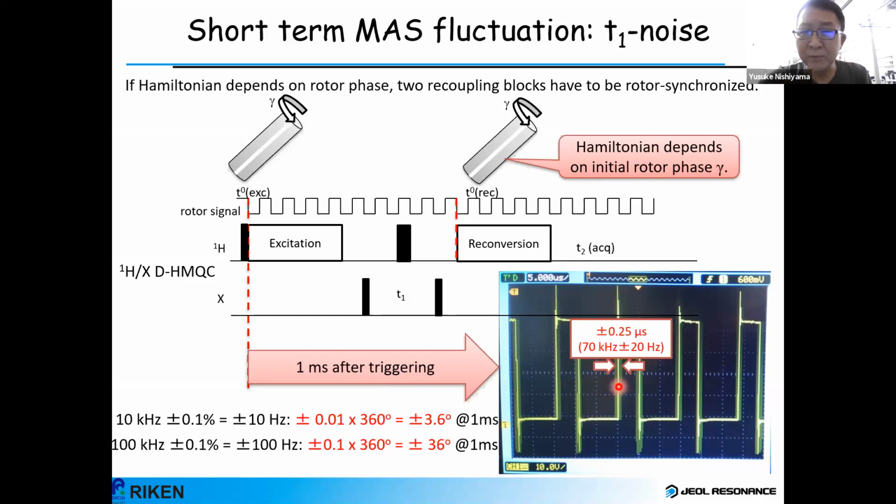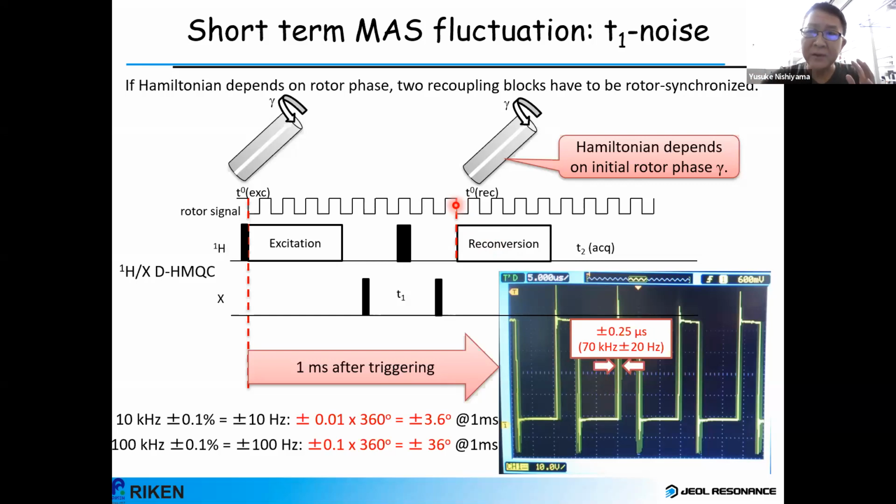Because of this fluctuation, the synchronized condition and symmetry are broken, and that results in additional intensity modulation. That's why this sequence introduces T1 noise due to the spinning fluctuation.